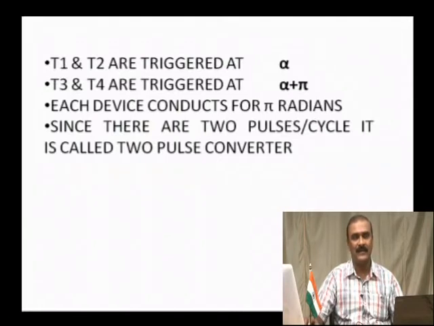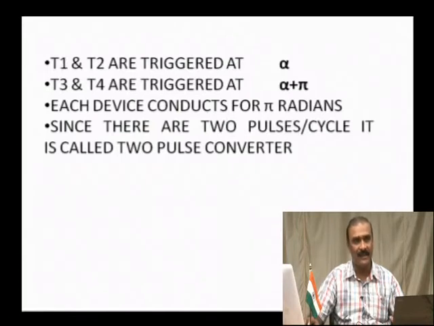Now, you have to explain the firing sequence, which thyristor is conducting and which thyristor is blocked, etc. That is why the firing angle and conduction angle are important here, and that is why the assumption is that all thyristors are ideal. So, they will automatically turn off.